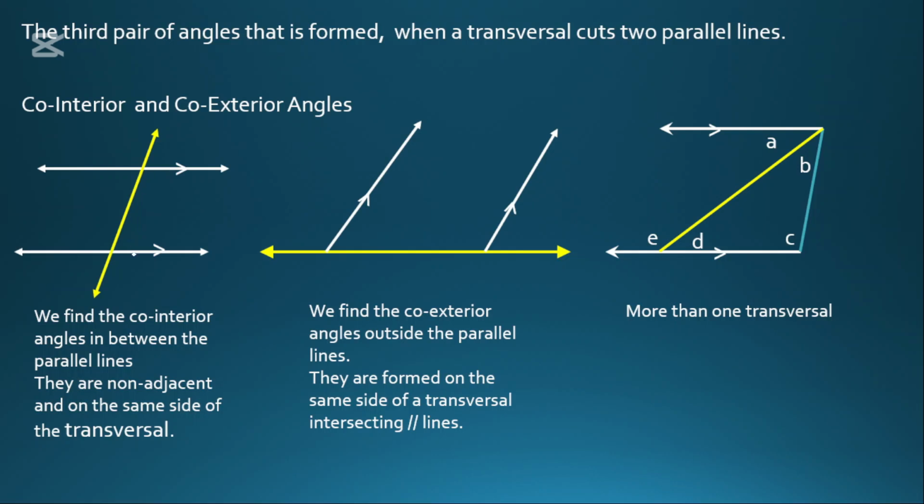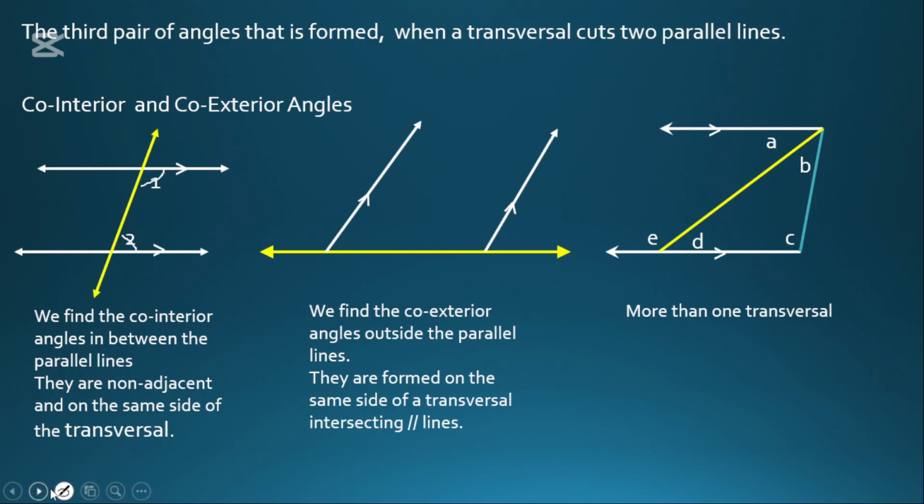So you can see they're not adjacent angles, they're non-adjacent angles. Right, so it will be this one and that one. From the parallel line to the transversal, in between. Okay, and I'll give you a pair, 1 and 2.